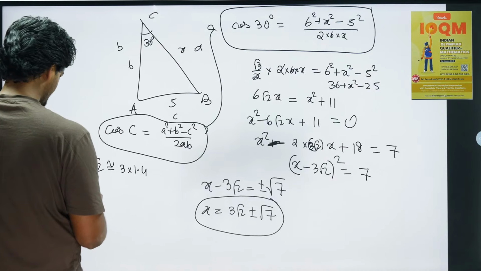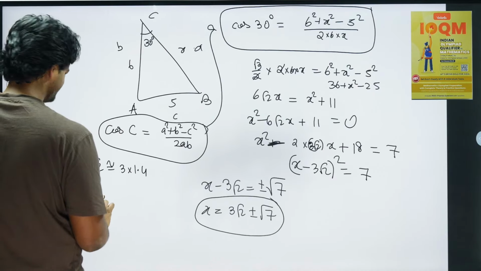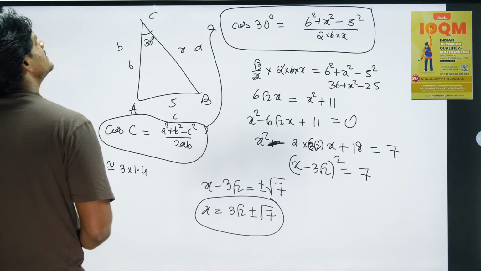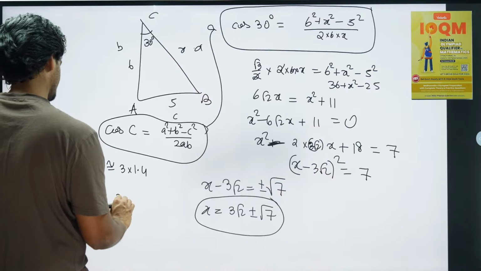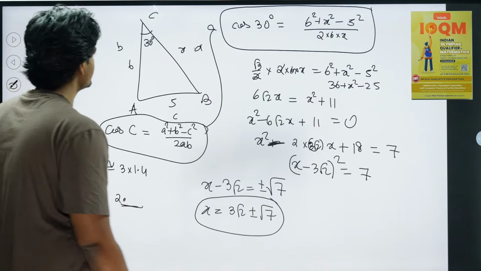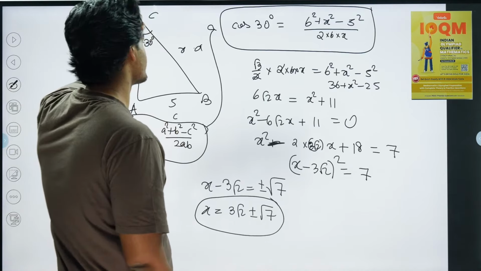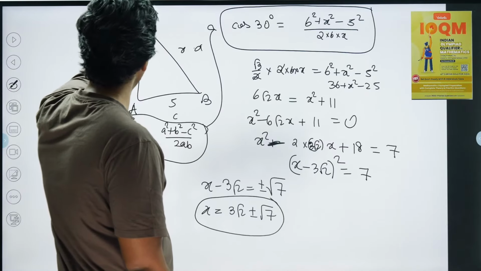And the root is nearly, I think it should be 2 point something. So we're getting two values, guys. Two values. What do we do?